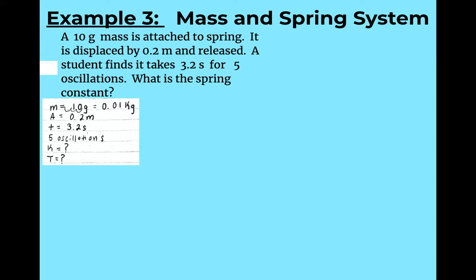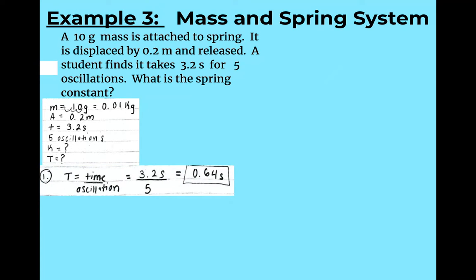In order to find k, we need to first find the period. We know that the period is the time it takes for 1 oscillation or vibration. We're given the time for 5 oscillations. So our first step, after we change our units from grams to kilograms, right? Mass must be measured in kilograms always.